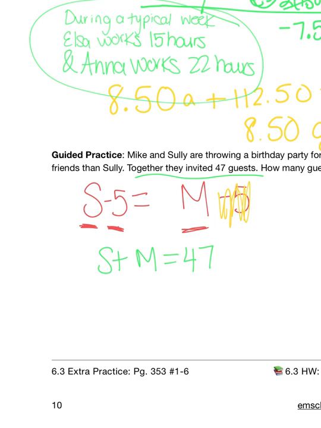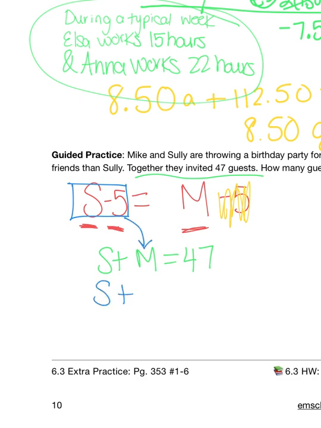The number of guests Sully invited plus the number of guests Mike invited is 47. From here, I would actually recommend not using elimination, and that's fine if you're showing me a different method, as long as it makes sense, okay? Because the way the equation is written, m is already by itself. Wouldn't that be nice and easy just to plug right in here?